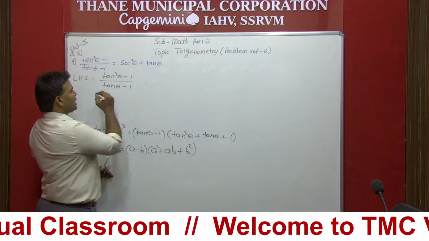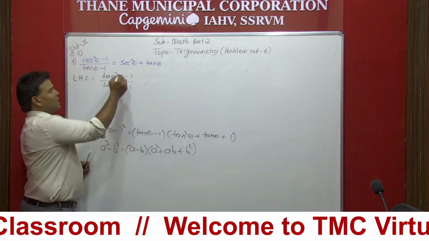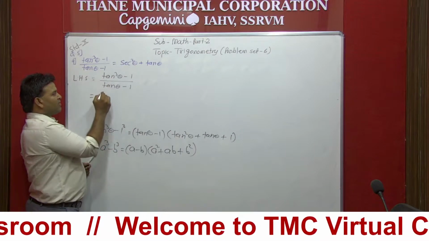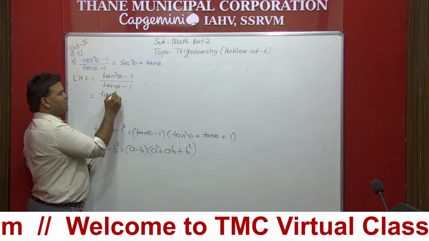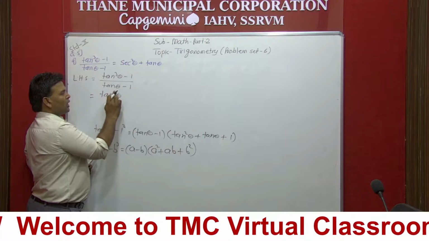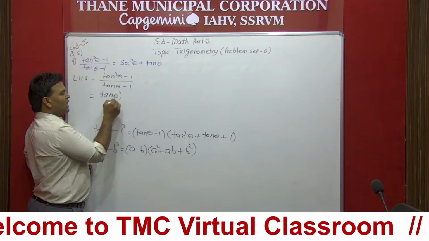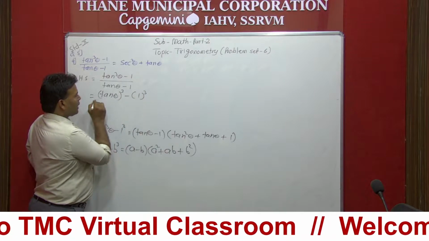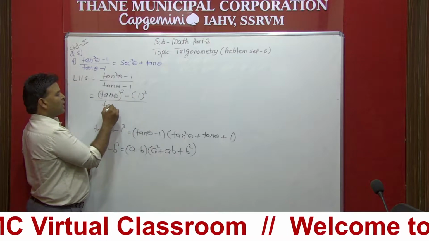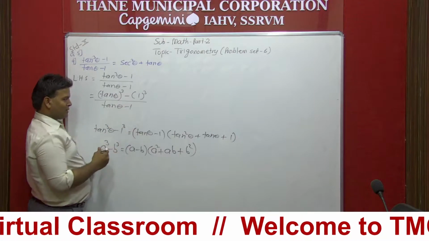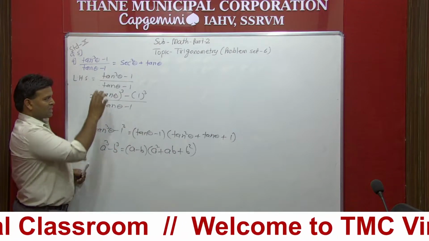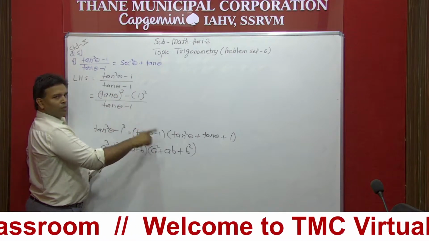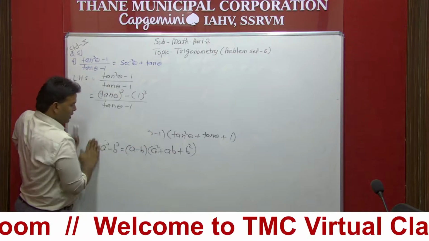So in the next step, just for the sake of convenience, I will write tan theta the whole square minus 1 cube upon tan theta minus 1. After writing this, for this we will write down the formula.